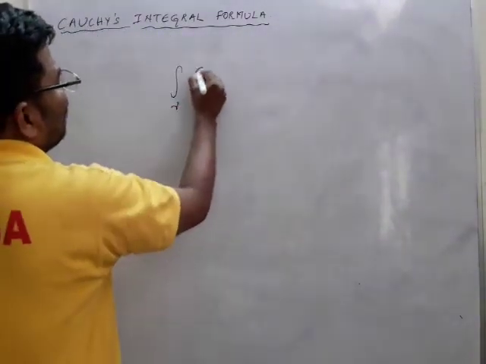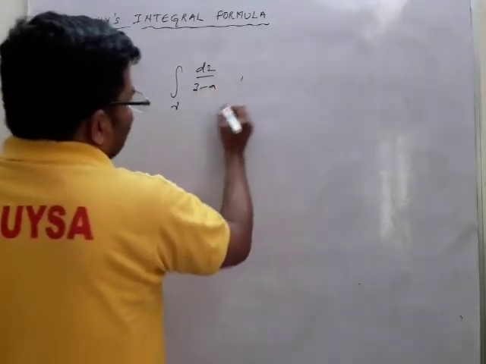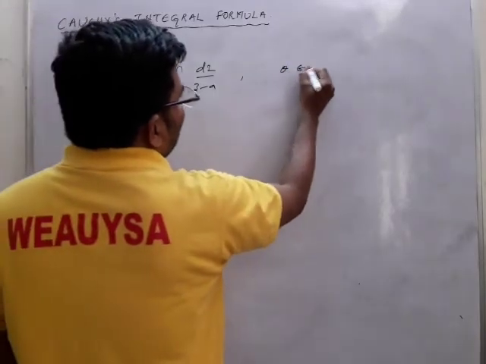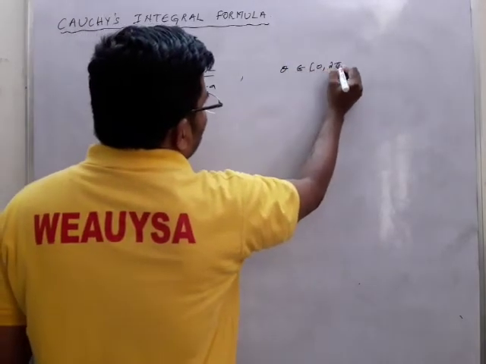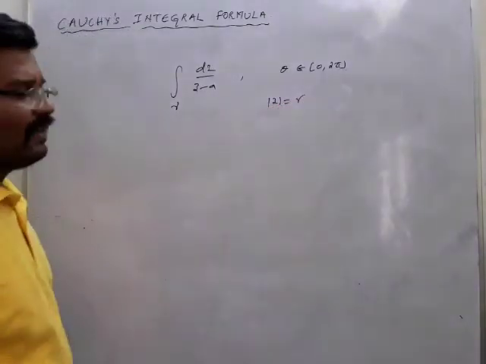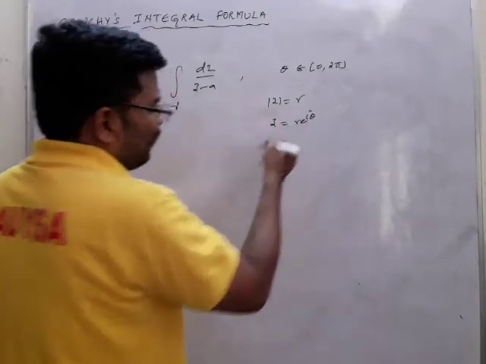Integral over gamma of dz by z minus a, where you can take theta from 0 to 2 pi, and gamma is z equal to r e power i theta if you take it like this.